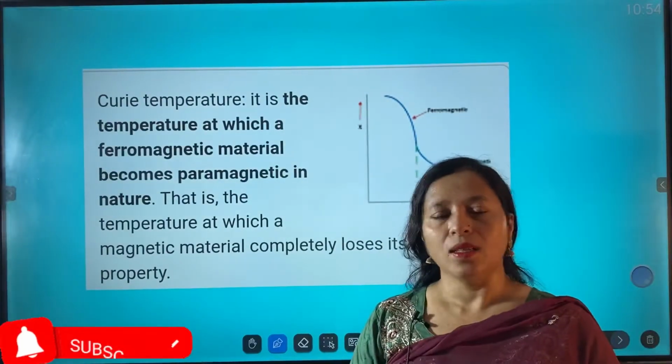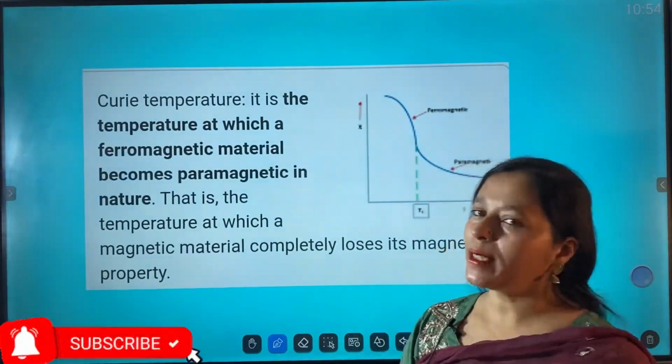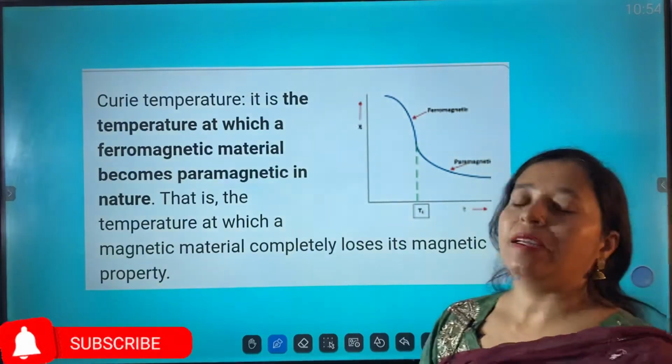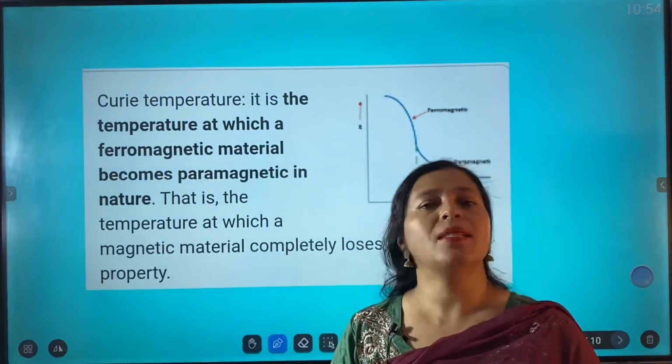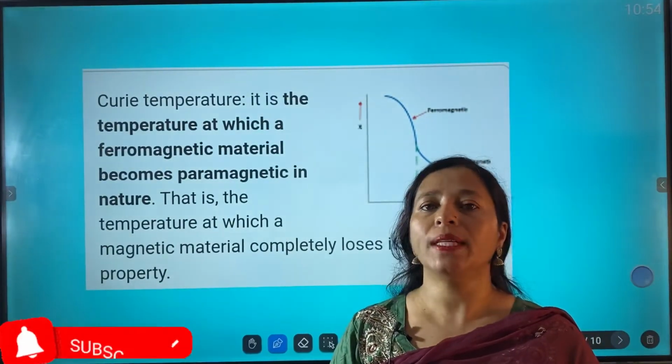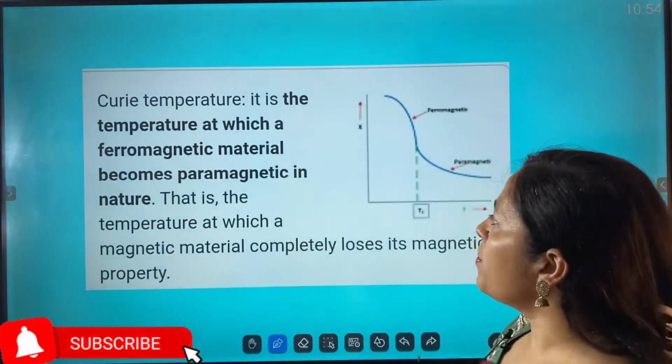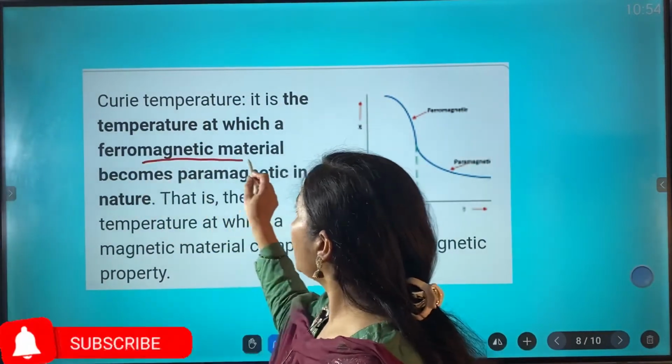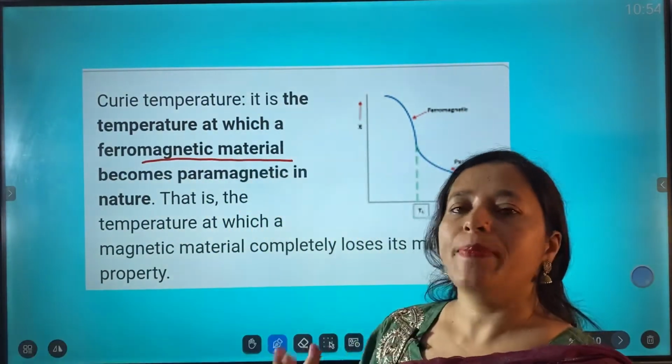One more thing is Curie temperature. What is Curie temperature? I have brought this slide in front of you because it is very important. It is the temperature at which a ferromagnetic material becomes paramagnetic.